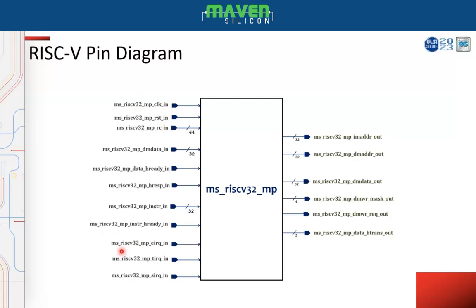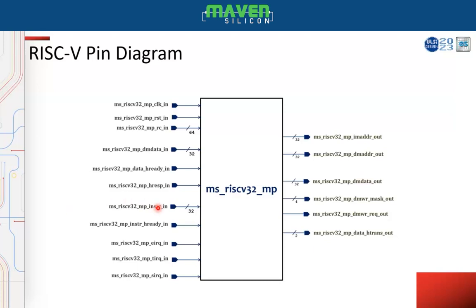And we have some signals like EIRQ, TIRQ and SIRQ. These are the signals that are related to interrupts. And similarly, we have a few set of signals like DM address output, DM data output, DM data input. So these are all the signals that are going to be used during the execution of load and store instructions.